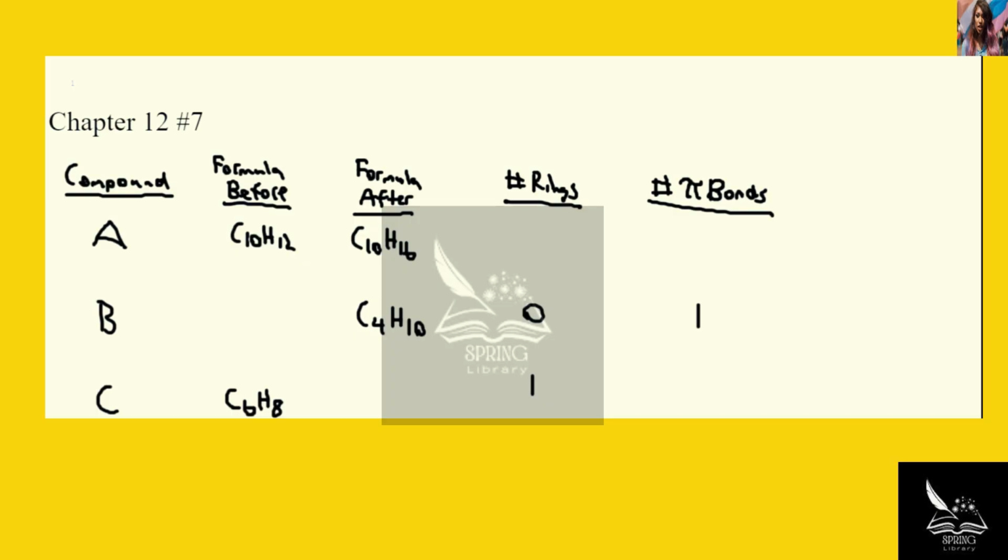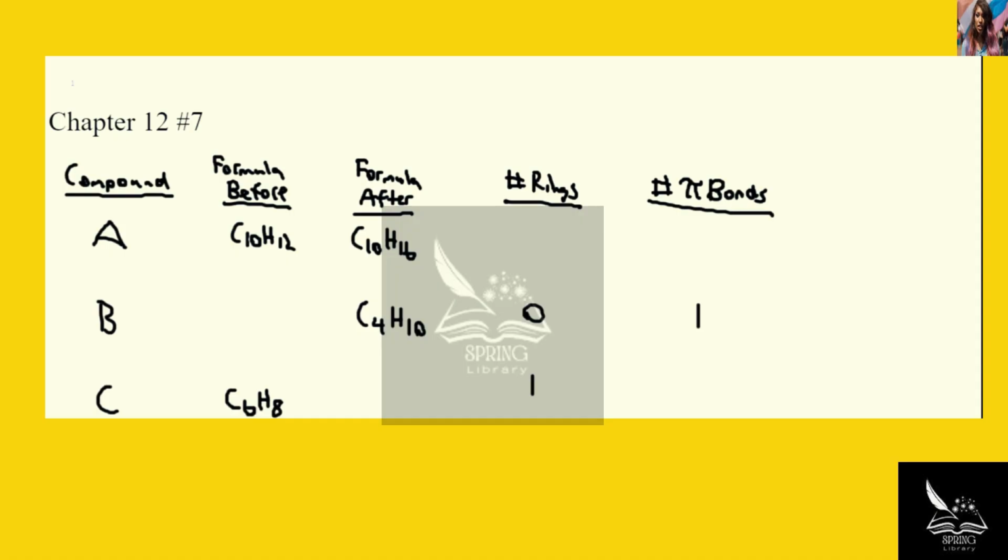This is the answer to Chapter 12, problem number 7 from the Smith Organic Chemistry textbook. This problem gives us a little table about molecules A, B, and C. We're given some pieces of information for each molecule, and we're asked to fill in the remaining pieces of information.